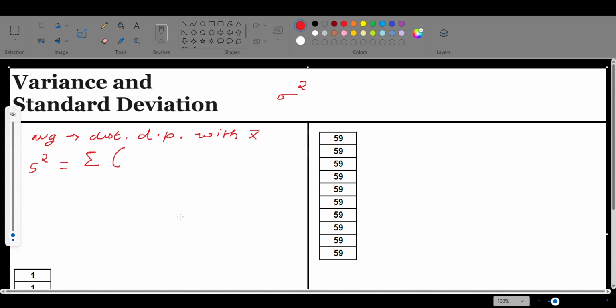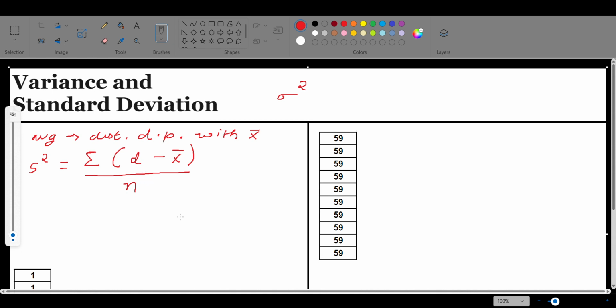So I'll represent each data point value, that is 1, 1, 2, 90, all of them as D, from the mean or X bar. And this entire sum is divided by the total number of data values that we have, which we can represent by N. Now this is where we may face some issues.